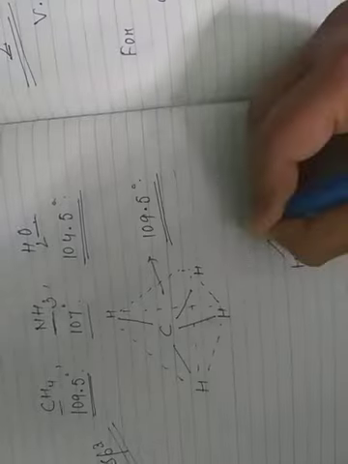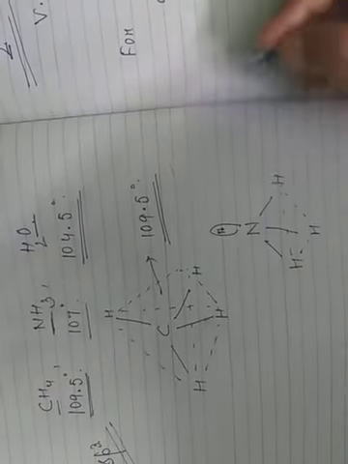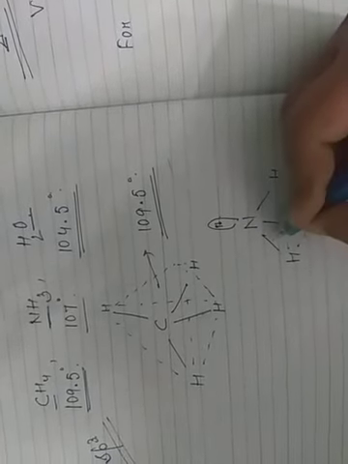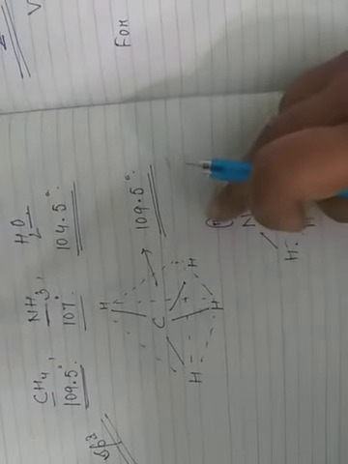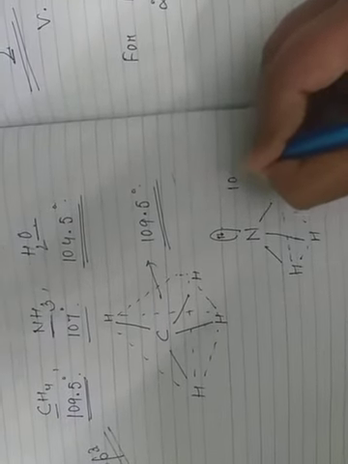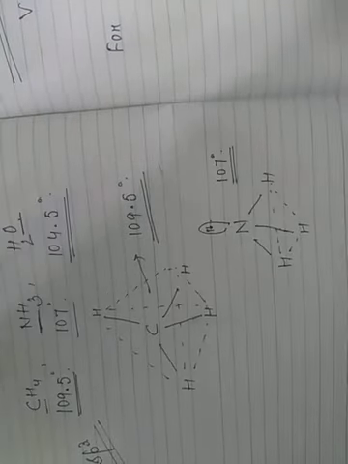In ammonia, as we have seen, we have 1 lone pair and 2 types of electron pair repulsion are observed. One is lone pair bond pair repulsion, another is bond pair repulsion. Since the lone pair bond pair repulsion is much more prominent, this lone pair tries to take more space, keeping the bond pairs close together. So when the bond pairs are close together, the bond angle is decreased by 2.5, and 109.5 minus 2.5 comes equal to 107 degrees.